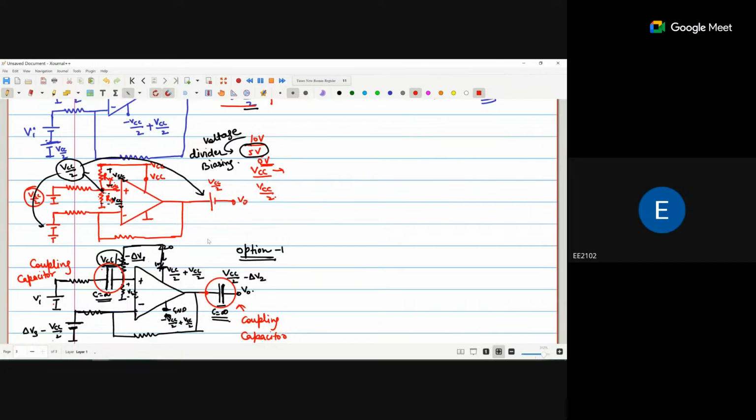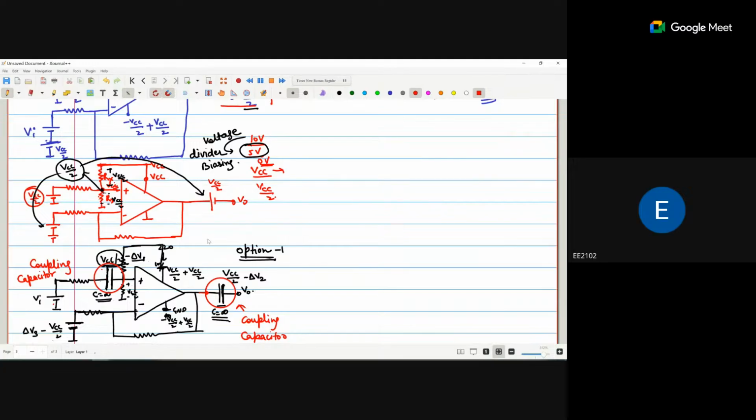But the problem is that either we use a battery or we use a capacitor. If we use batteries, we can't control the charging and discharging of the voltage level, because we don't know what material is used to design the battery.